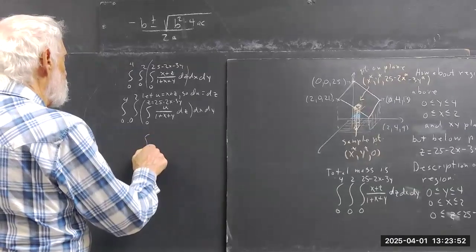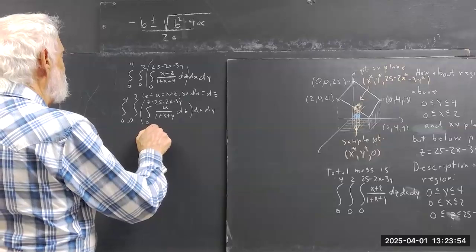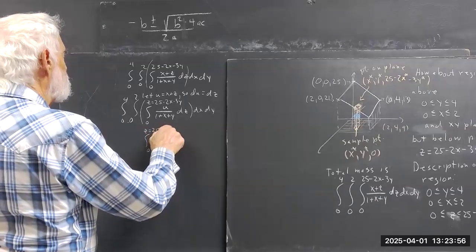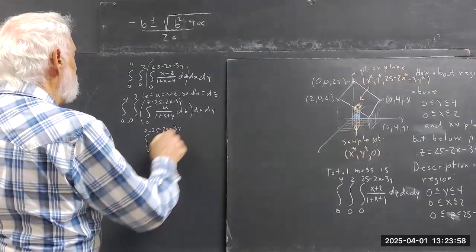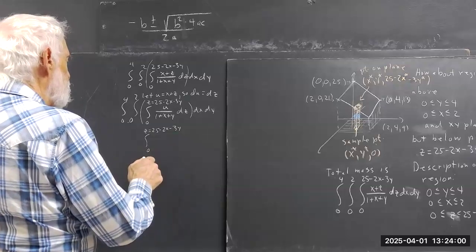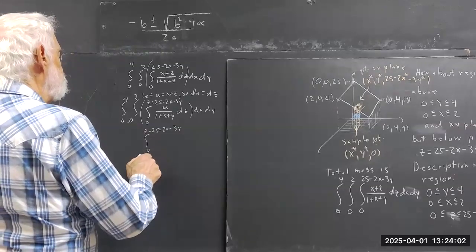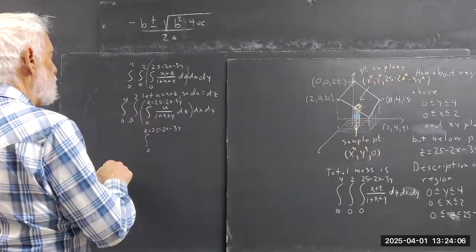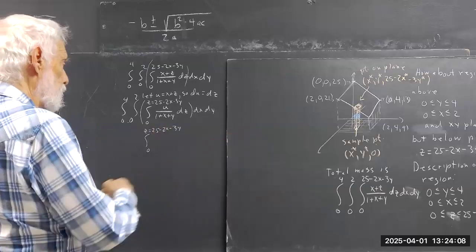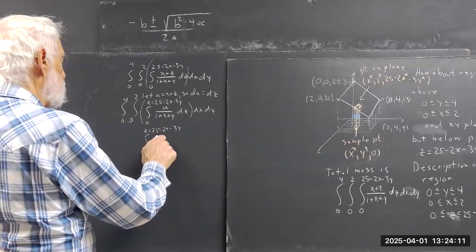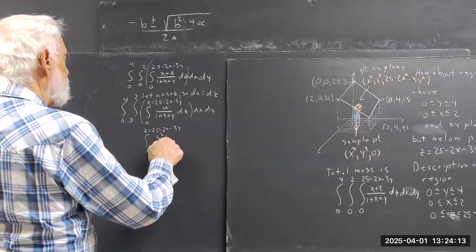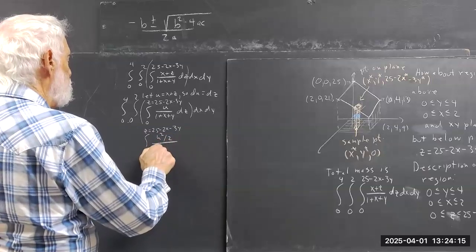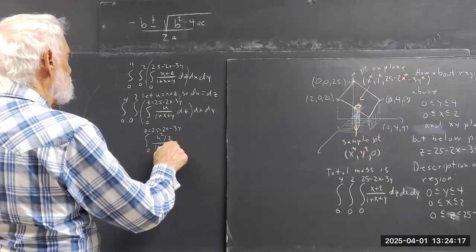So this is going to be the integral from z equals 0 to z equals 25 minus 2x minus 3y of, now I'm tempted to take this expression outside the integral sign, but that's going to make things long. So I'm just going to say it's u squared over 2 divided by 1 plus x plus y.